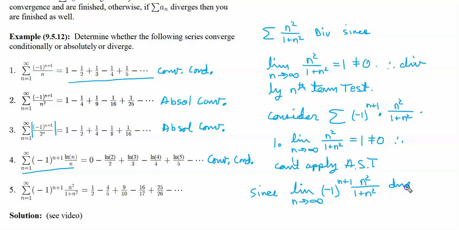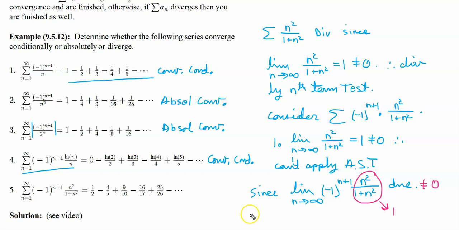So DNE, because these terms right here are getting closer and closer to 1, but then the negative 1 makes these values flip-flop between values that are close to negative 1 and then close to positive 1. Negative 1, positive 1, negative 1, positive 1. So this limit does not exist, which of course means it's not 0.